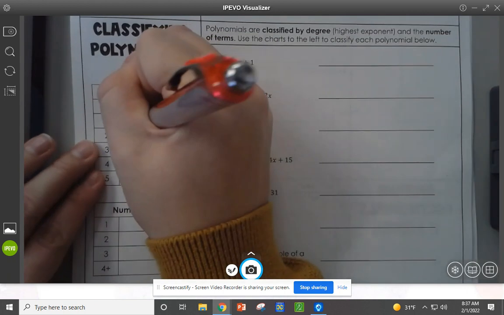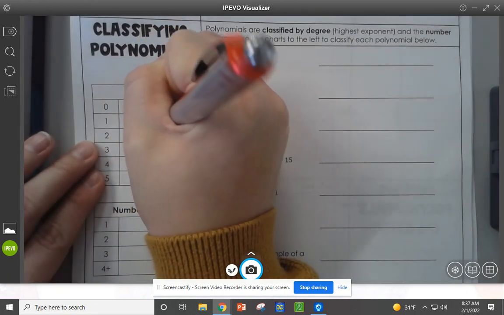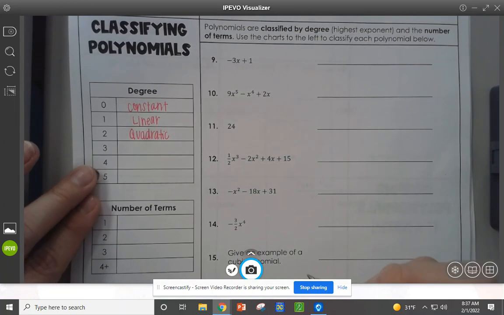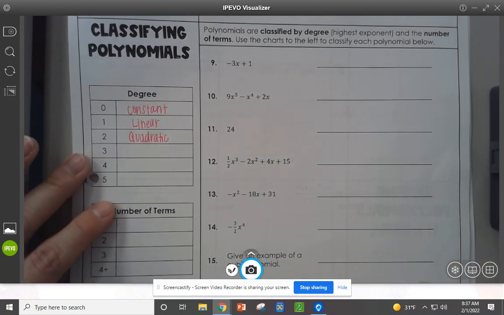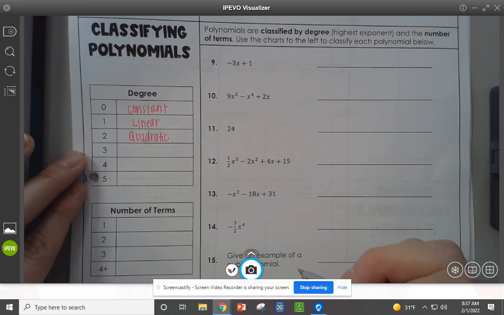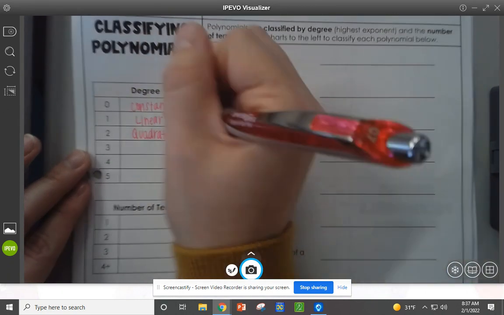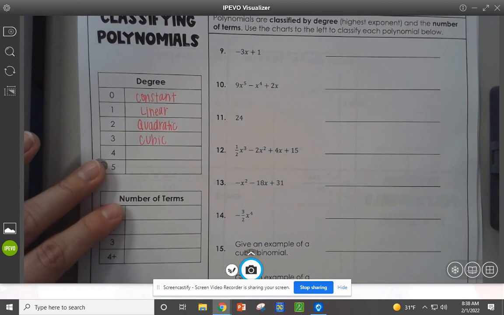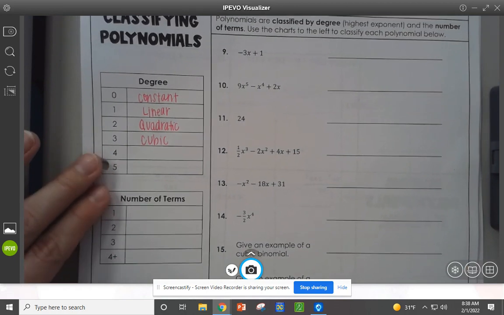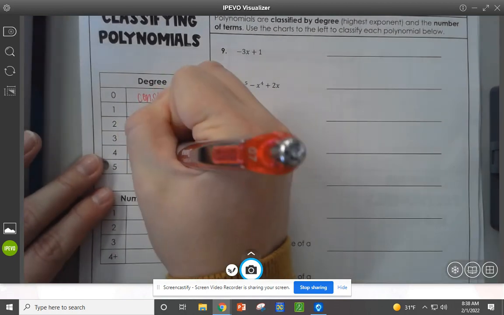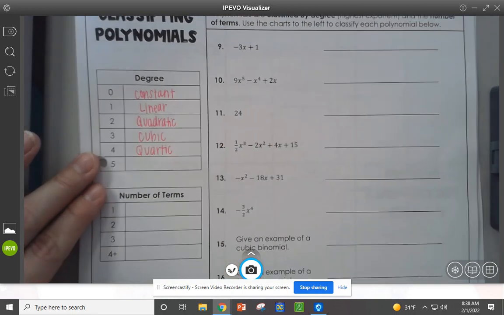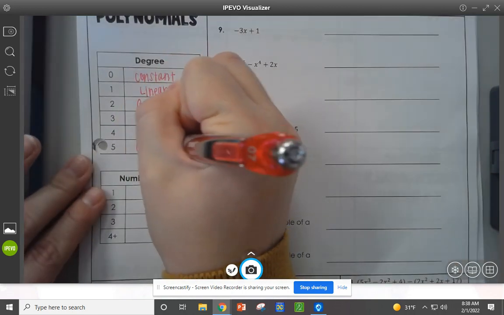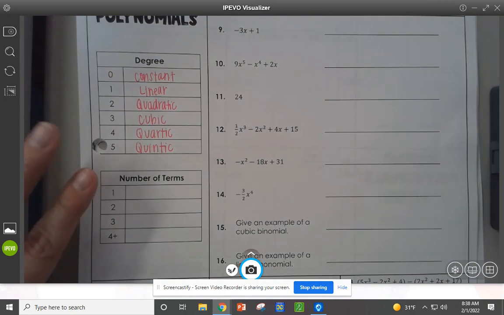Degree of 2 is a quadratic. That means it has an x squared. If it has x cubed, that is cubic. Four would be quartic. And 5 is quintic. And we typically stop there.